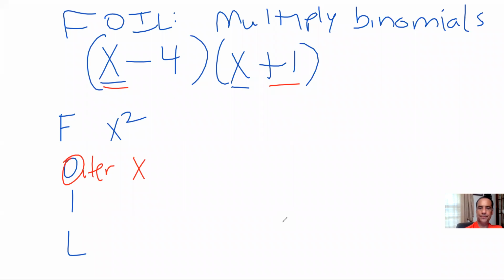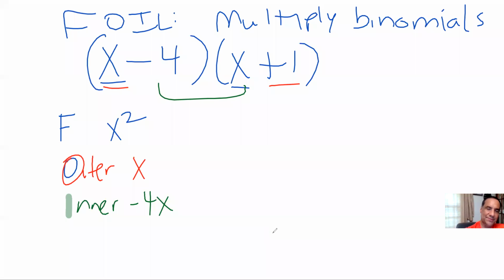The inner is negative 4 times X. And the last is negative 4.